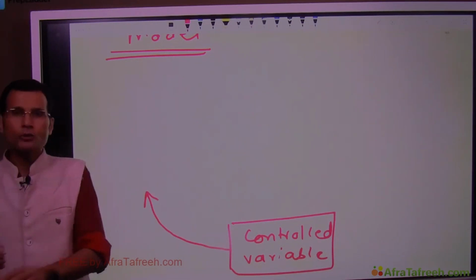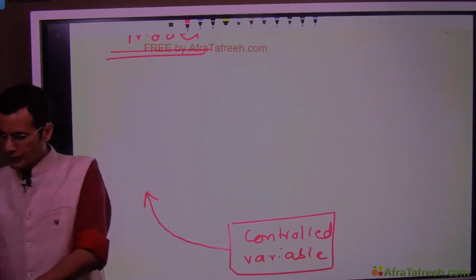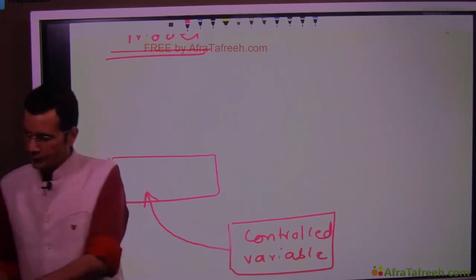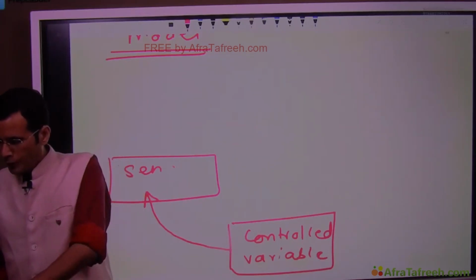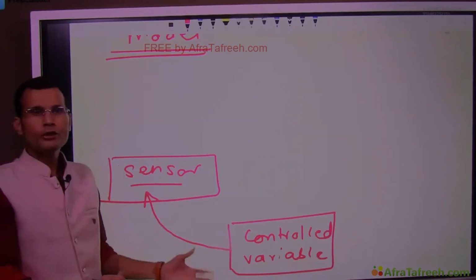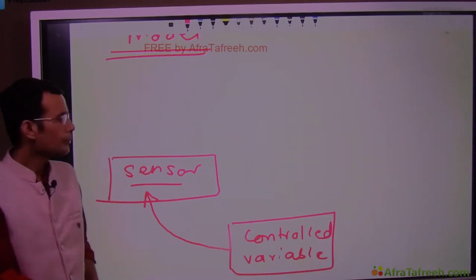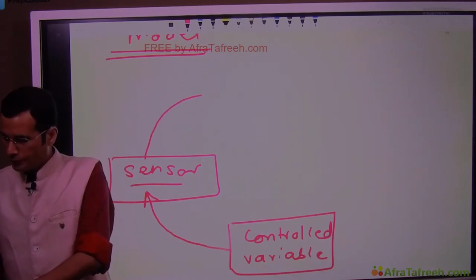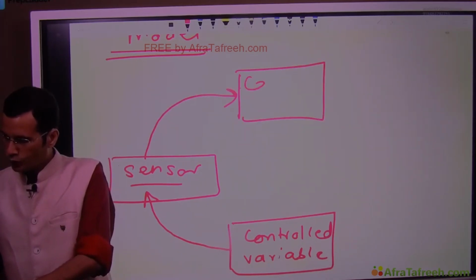For each control variable, there is a sensor specifically designed for it. The sensor will constantly sense the value of the control variable, and accordingly it will send signals to the controller.